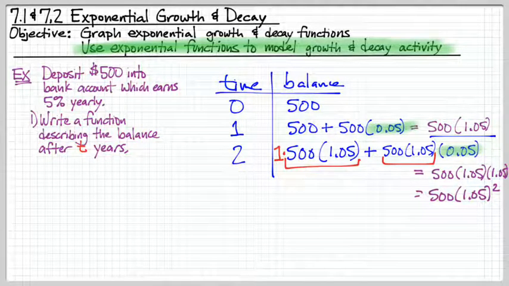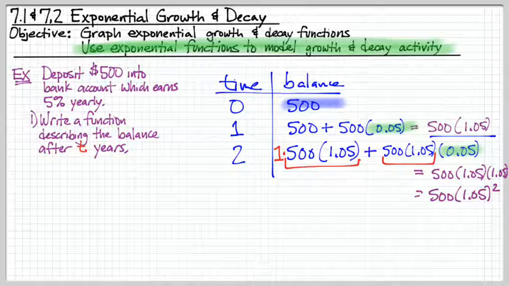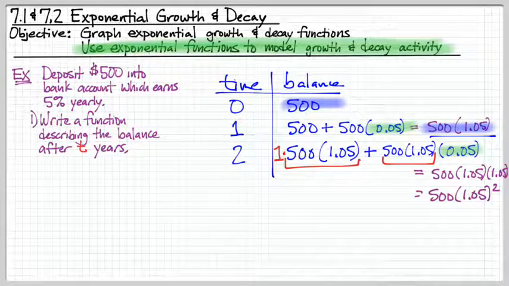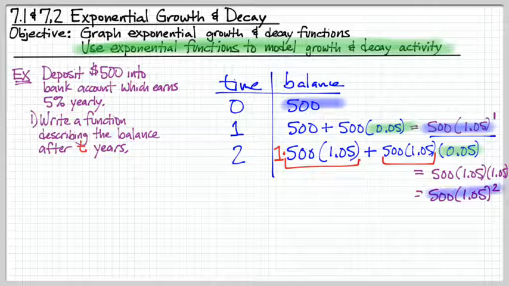So you can see this kind of progression. I started with $500. Then at the end of the first year, I had $500 times 1.05 raised to the first power. Then at the end of the second year, I had $500 times 1.05 raised to the second power.